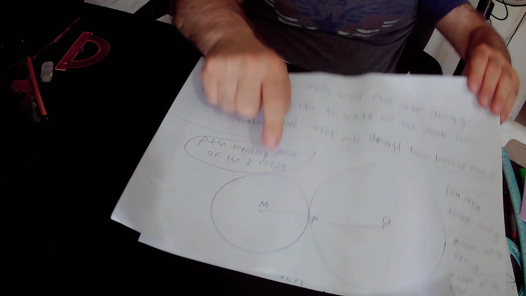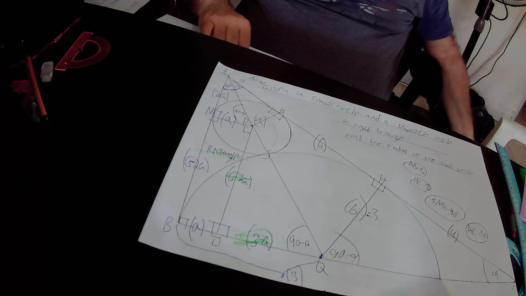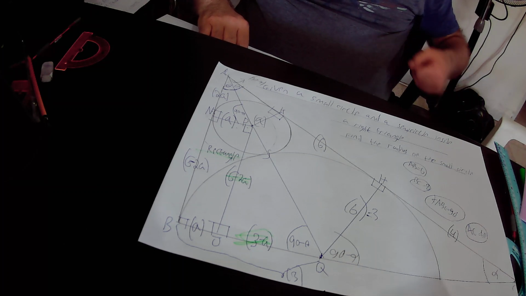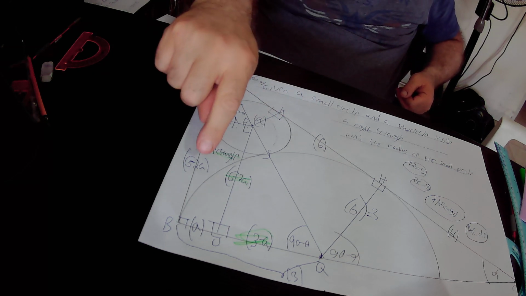We can actually implement rule 10 in our drawing. Why? Because in our drawing we have an external notch between this small circle and this big semicircle.